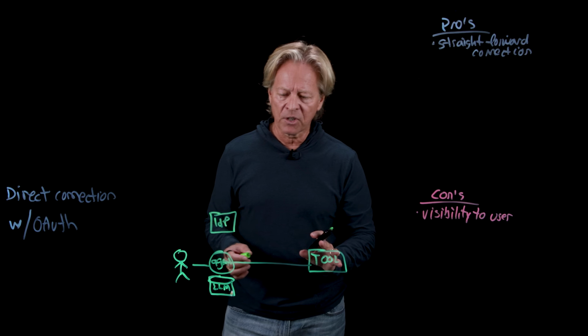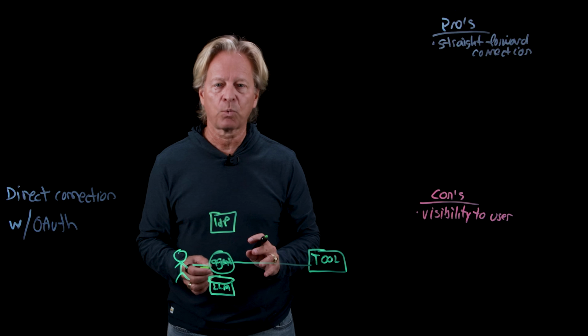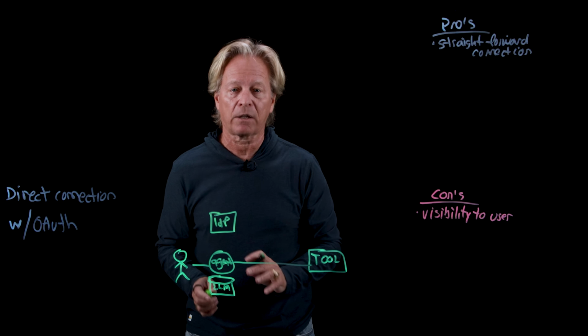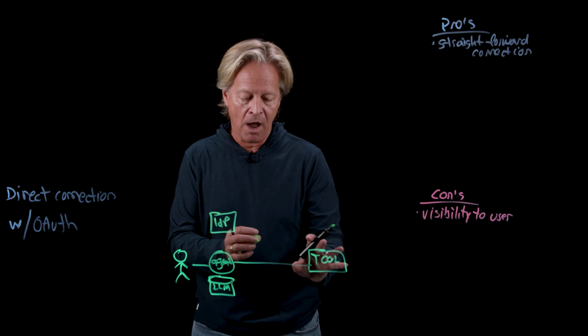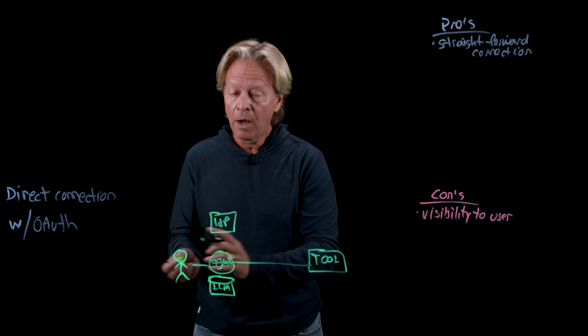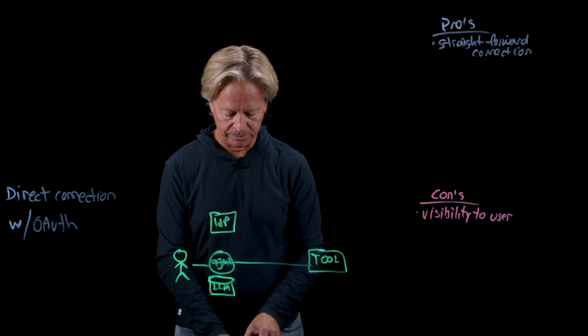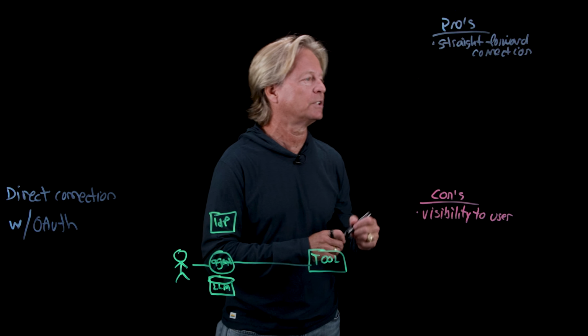Now, we've seen this model in other areas as well. If you're using any kind of tools for doing development with vibe coding, if you're using Claude, it will go out, interact with the tool, get an access token and store that locally. So now it has a way of interacting with the tool and knows who the user is. So let's look at some of the pros and cons for this.